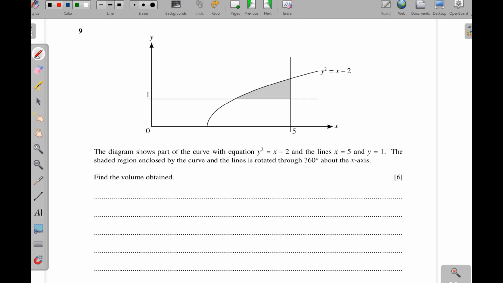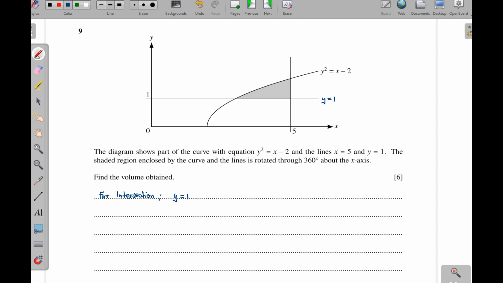Now we need to know these points of intersection here, but of course here the x coordinate is 5, but we need to know this one here. So for intersection, y is equal to 1. This is the equation here, y is equal to 1.